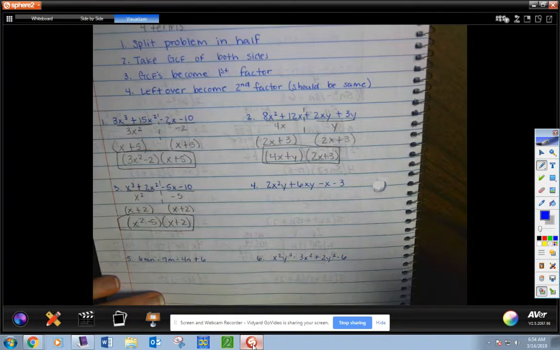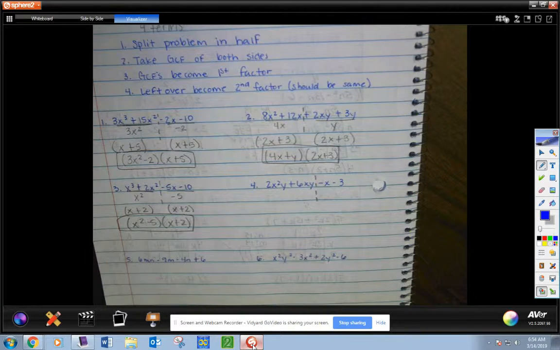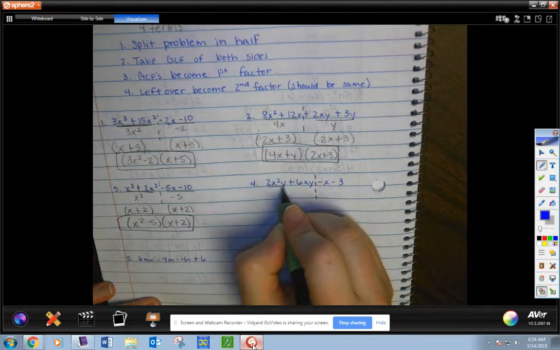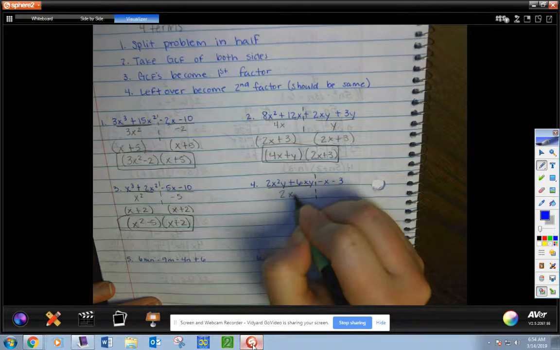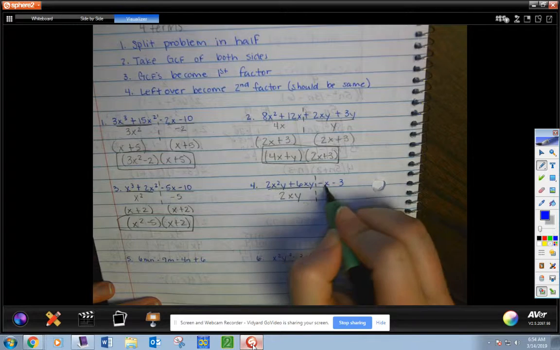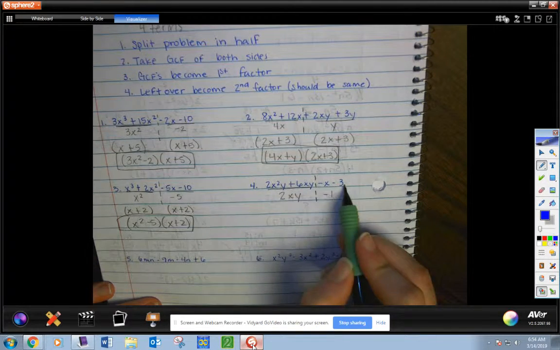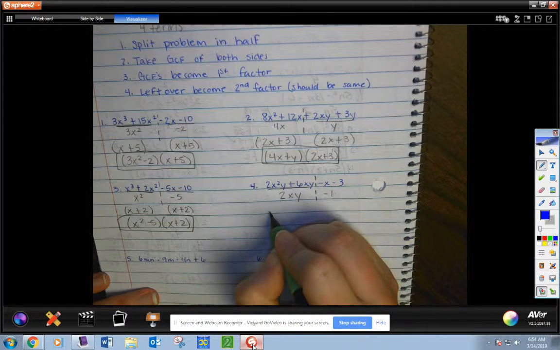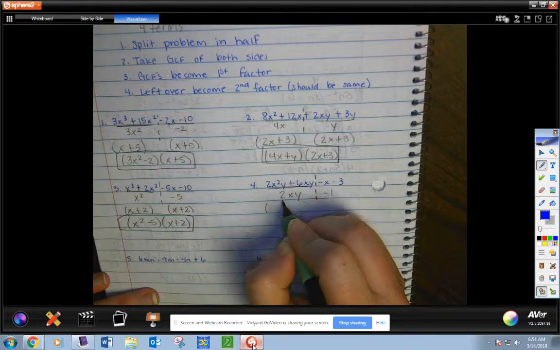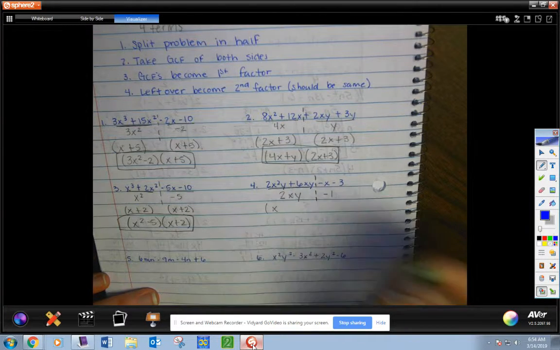Okay, for number 4, I've got 2x squared y plus 6xy minus x minus 3. I split the problem in half. I am going to see what can come out of both of those, and that would be a 2. I can pull an x and a y. Over here, all I can pull is a negative 1. They don't have anything in common, but since it starts with negative, I have to pull a negative 1. Okay, when I divide, 2 divided by 2 will get me 1. I will keep x because they subtract a 1 and the y's cancel.